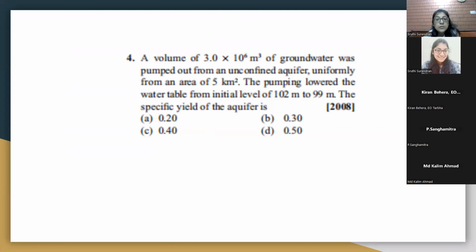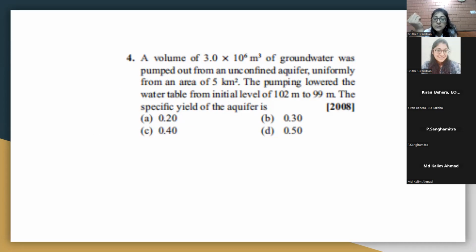So here a volume of groundwater is being pumped out from an unconfined aquifer with an area of 5 kilometers square. The pumping is lowering the water table from 102 meter to 99 meter. What is the specific yield of the aquifer?